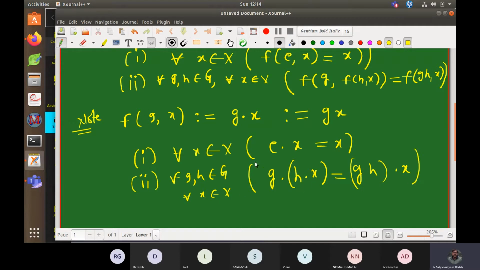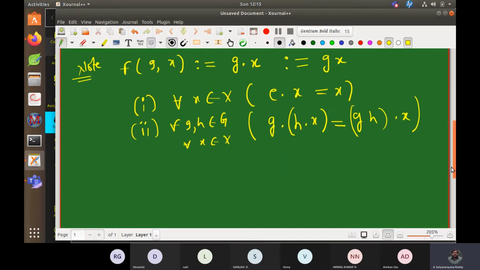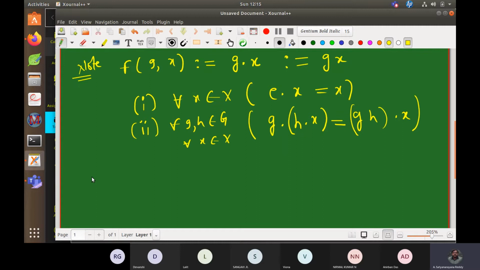Whenever you are able to find a function like that, we say that G acts on X, and this function need not be unique. G can act on X in many different ways. That is the whole crux of group actions. Why do we need to study this?